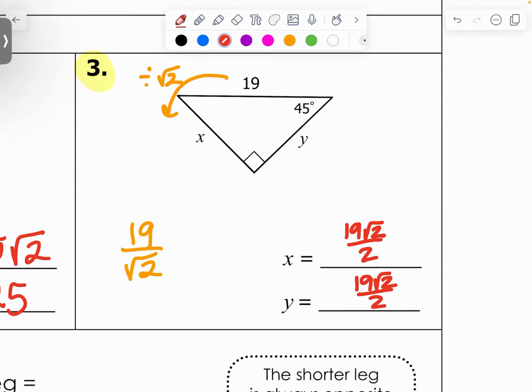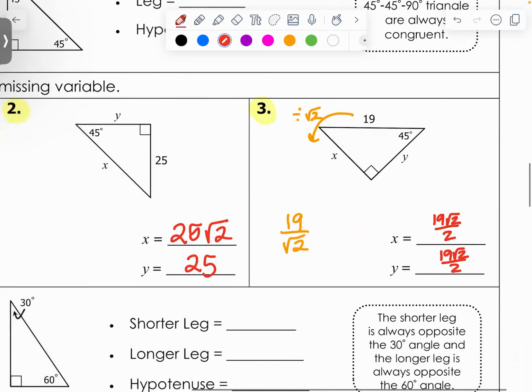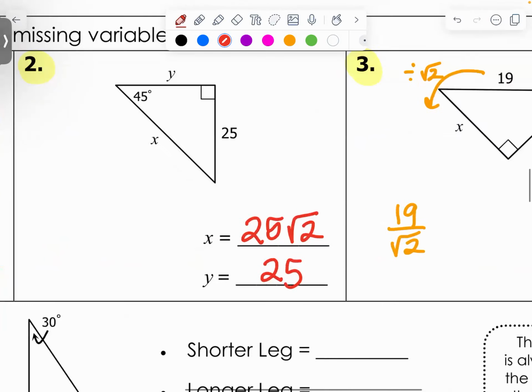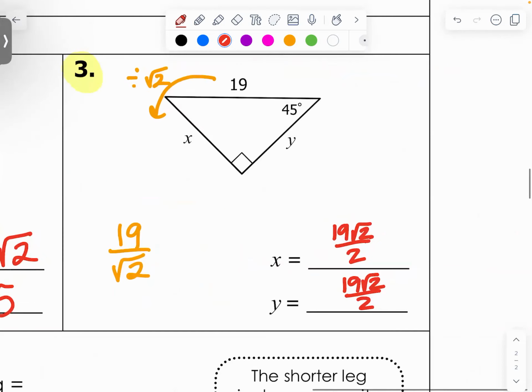Yes. Because we are taking our leg and we are multiplying by square root of 2. So we're just taking 25 and multiplying that by the square root of 2. Okay, whereas in number 3, we have the hypotenuse, so we're dividing by the square root of 2.